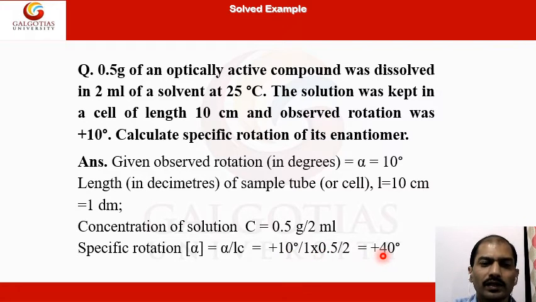You will see the specific rotation is plus 40 degrees. This comes by multiplying all these values, and after solving this you will get the specific rotation of that particular compound.